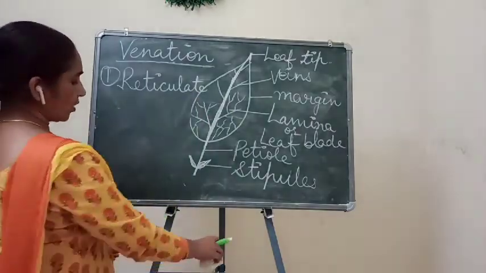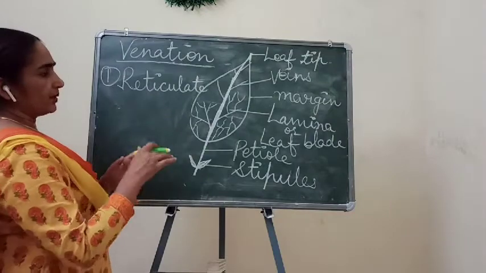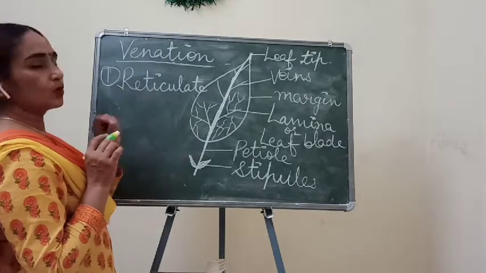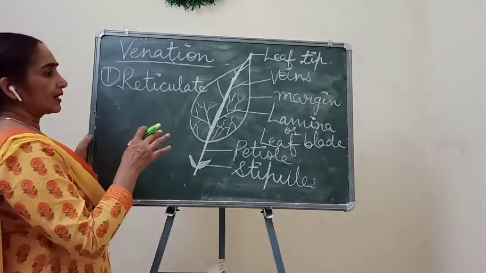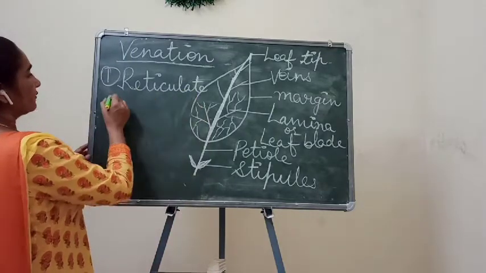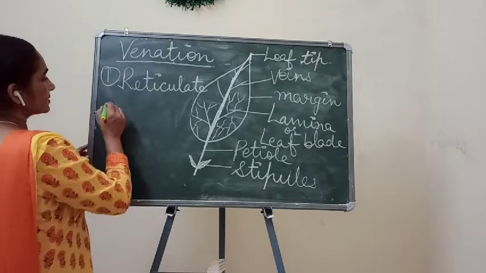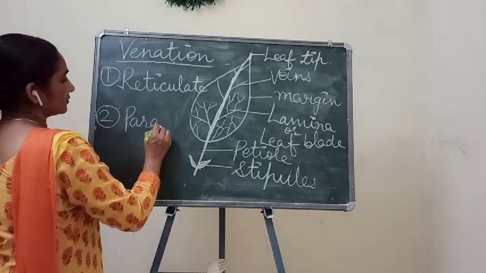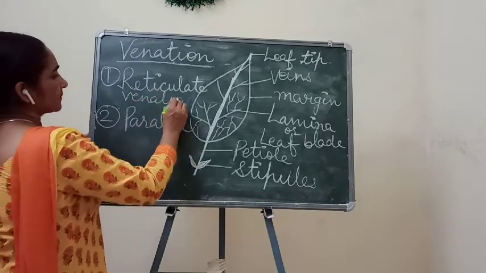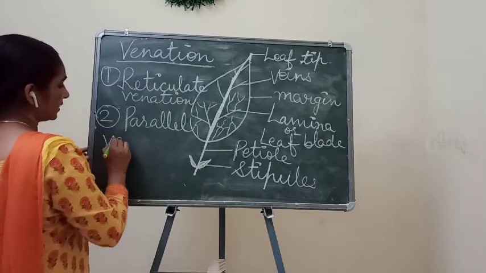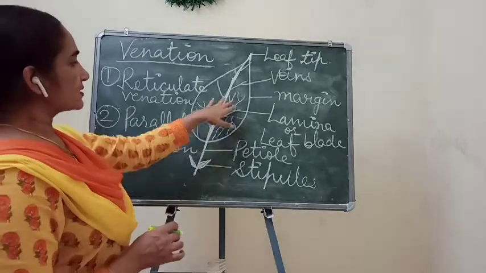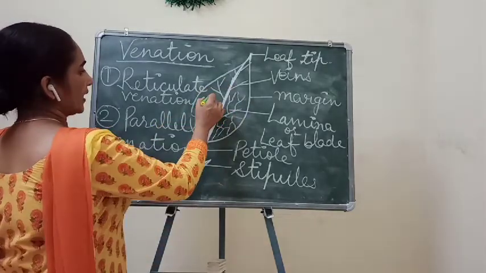On the basis of the pattern of veins, we can classify the venation into two different kinds, or we can classify the leaves into two main kinds. One is reticulate venation and the second is parallel venation. Reticulate venation is the kind I have told you.